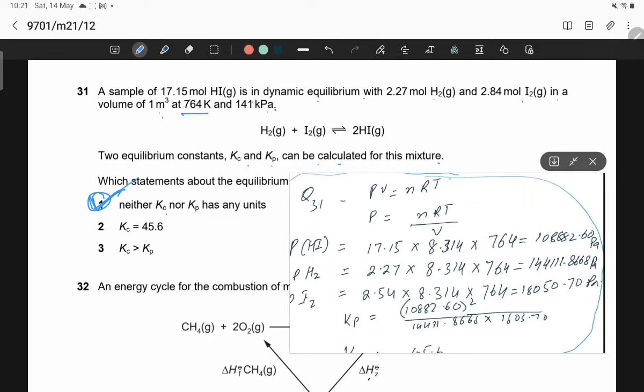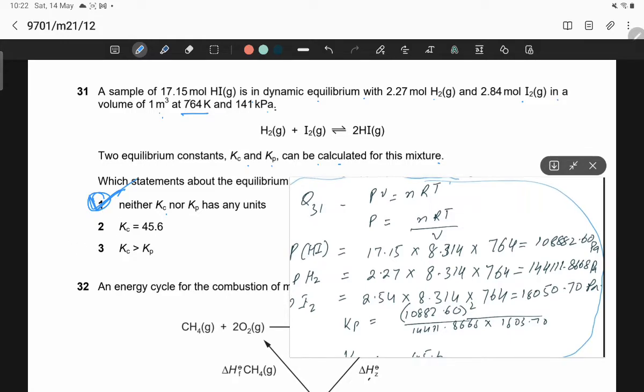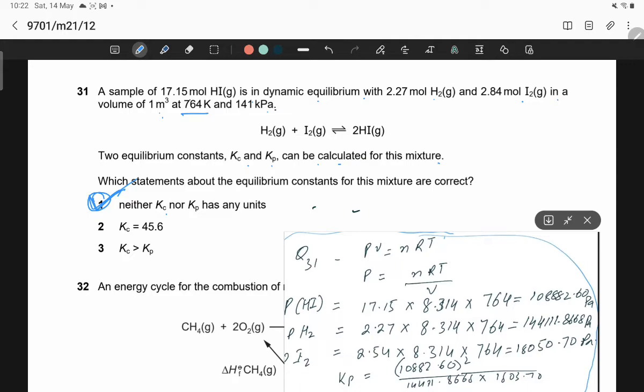So Kp can be calculated using this, which is equal to 45.6.